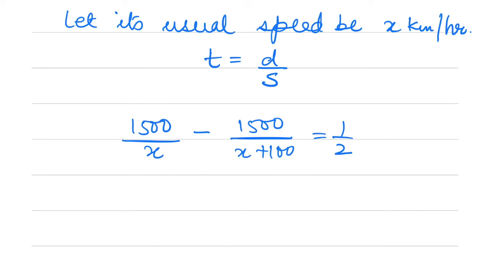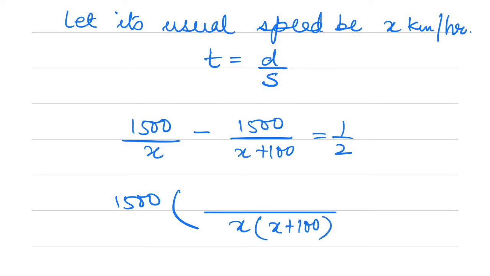So here I can take 1500 common, and I'll take the LCM as x into x plus 100, and here it will be x plus 100 minus x.